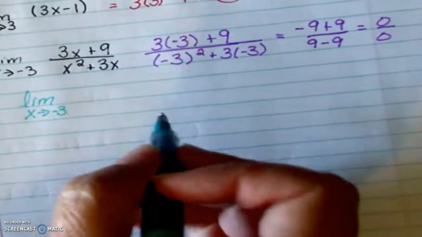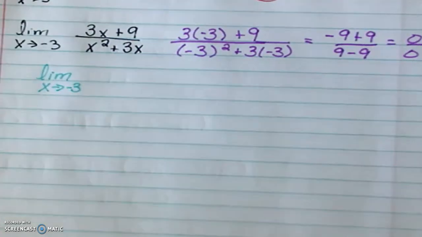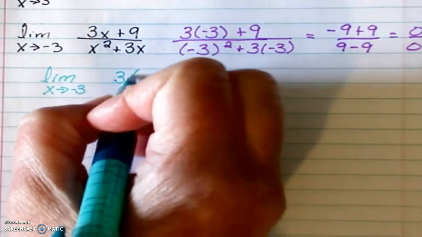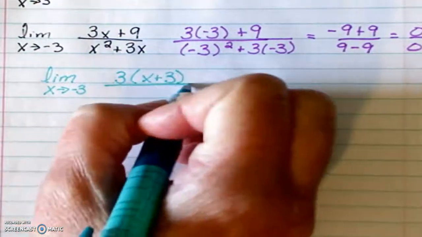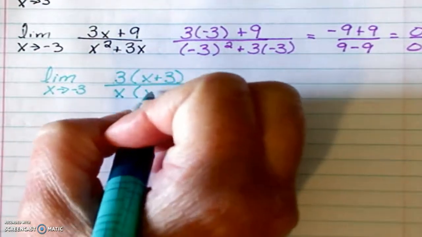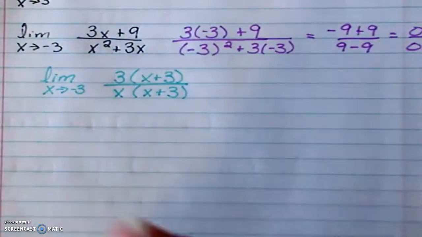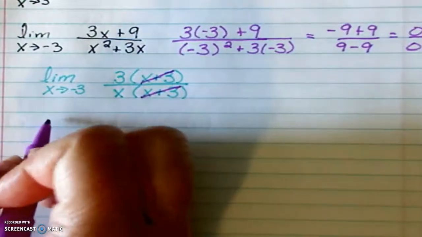So you take the limit as x approaches negative 3, and when you factor the numerator, you can factor out a 3, which leaves you with x plus 3. In the denominator, you can factor out an x, which leaves you with x plus 3. Then you're going to notice that the x plus 3's cancel. So you write it again.